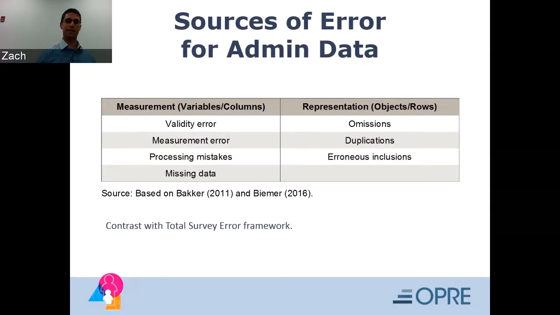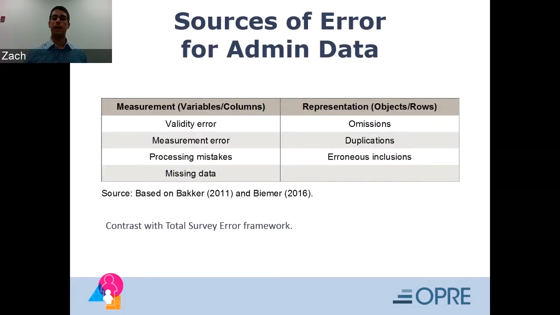Some context: there's a lot of literature, I'm sure many of you are familiar with, on total survey error frameworks that break down sources of error in surveys into different components. One would be sampling errors, which would be related to having a subset of the population, typically quantified by a standard error on your estimate or a confidence interval.